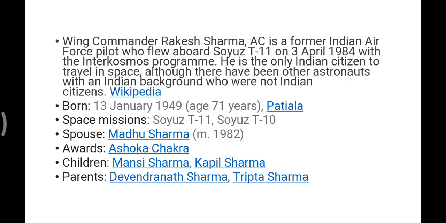He has two children, Manasi Sharma and Kapil Sharma, and his parents' names are Devendranath Sharma and Tripta Sharma. So this is the information of Rakesh Sharma, who is the first Indian astronaut to go into space in 1984.